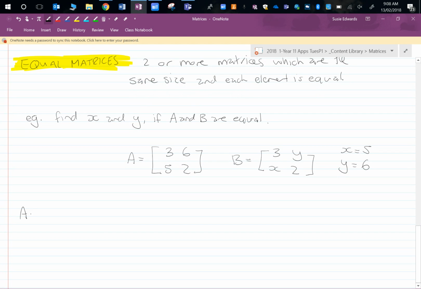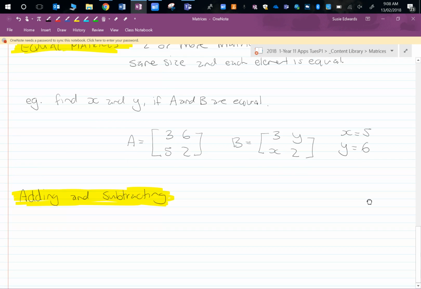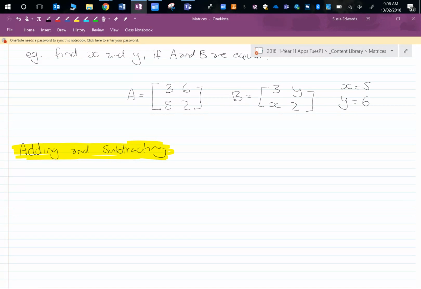Adding and subtracting. So to add and subtract, add or subtract, we add, I'm just going to use the word add, even though it could be add, subtract for every single one of them, okay?